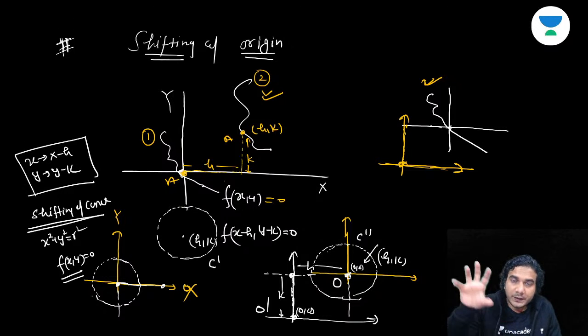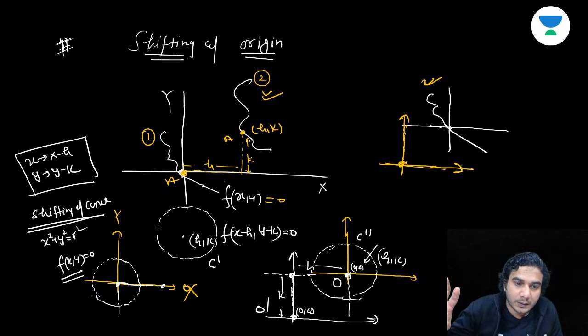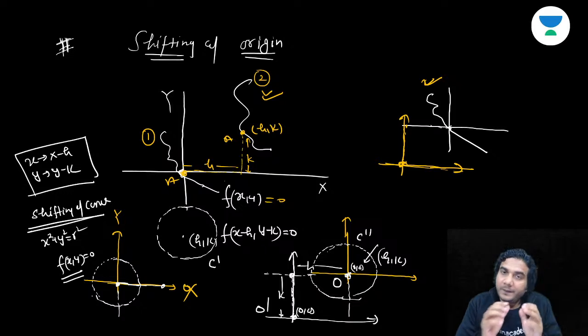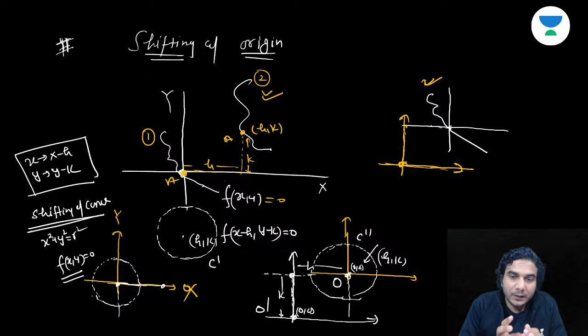They are positioned identically with respect to the coordinate axis, both the circles, that's C dash and C double dash, right? That means if we need to shift a curve, we can do it in two ways.